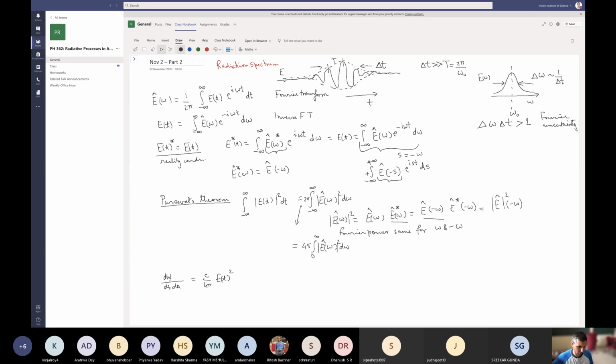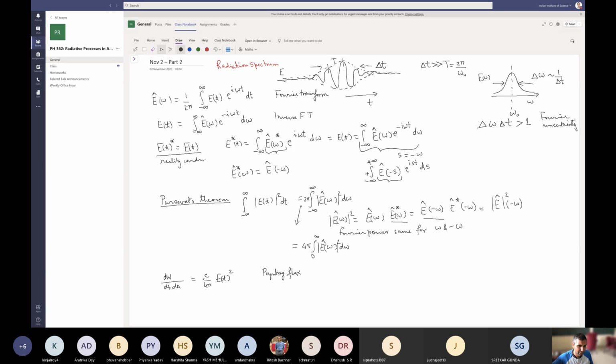So let me first tell what this is. This is energy crossing per unit area per unit time. This is nothing but the Poynting flux, which is c by 4 pi E cross B.